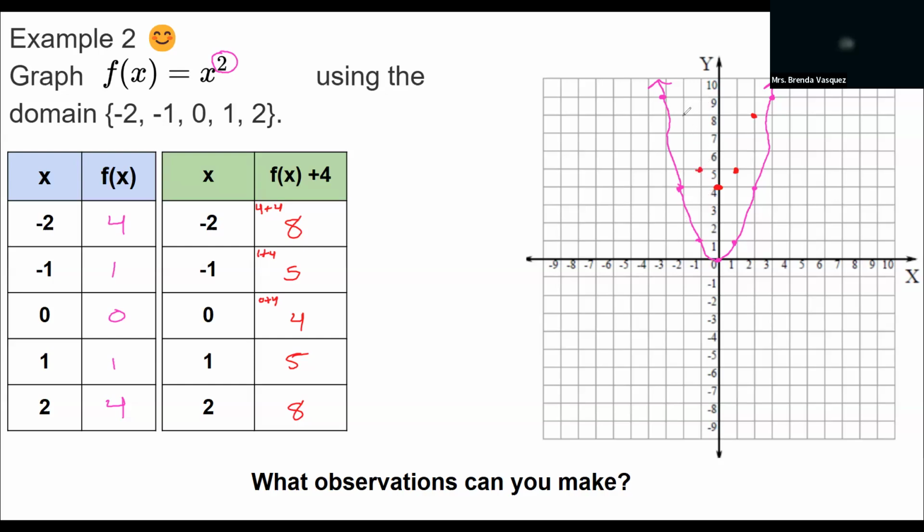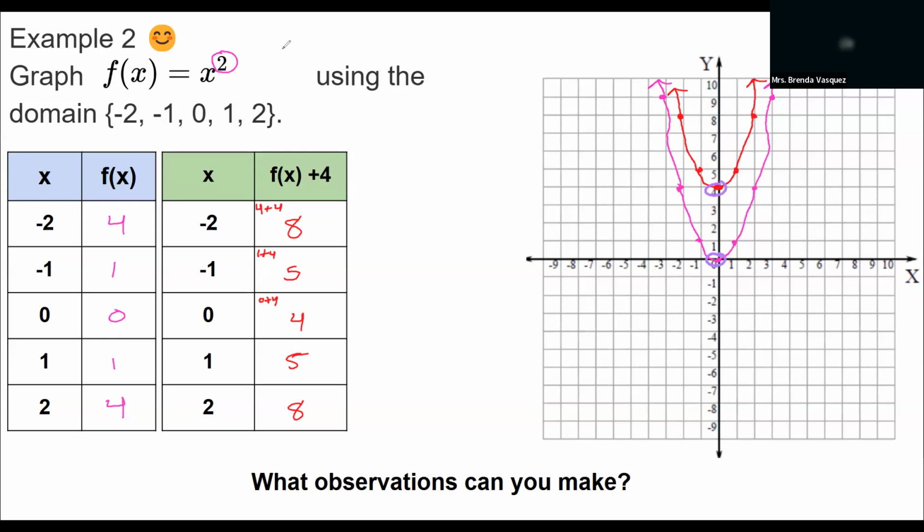And negative 2 is now at positive 8. Again, I'm trying to draw the parabola as best I can. So again, did it go 4 spaces up? Yes, it did. Here's my original point, and it now goes 4 spaces up.